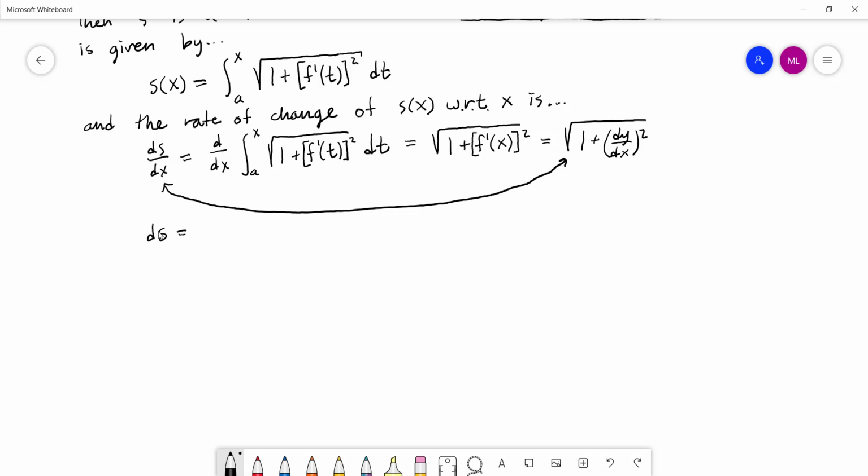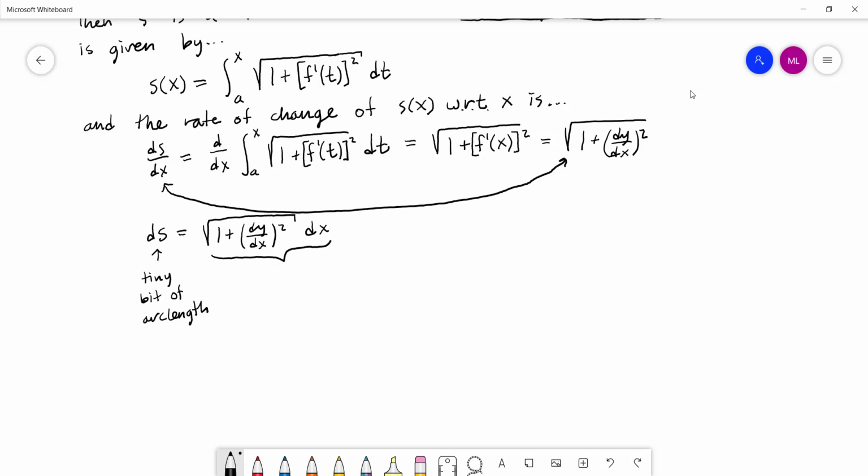And so if I solve for ds, I can just multiply both sides by dx, and we get an expression that looks like this. So this is some tiny bit of arc length. And we now have an expression for that tiny bit of arc length.